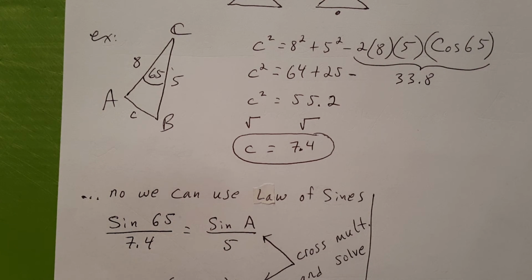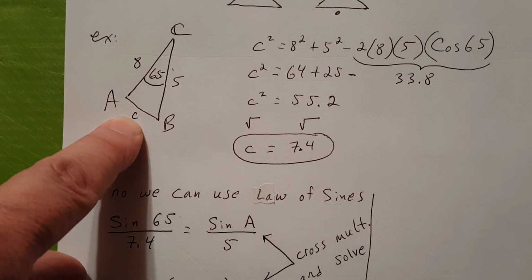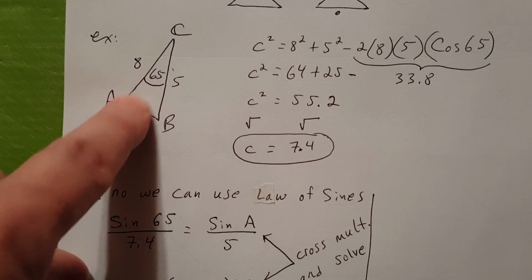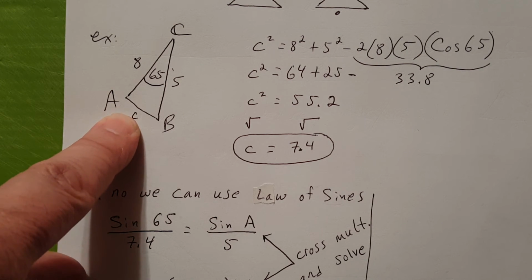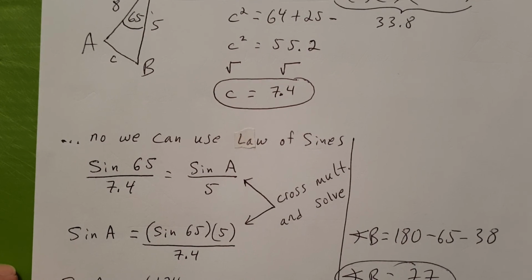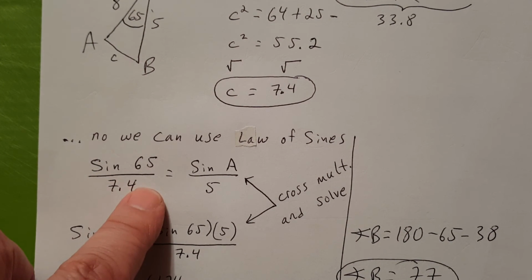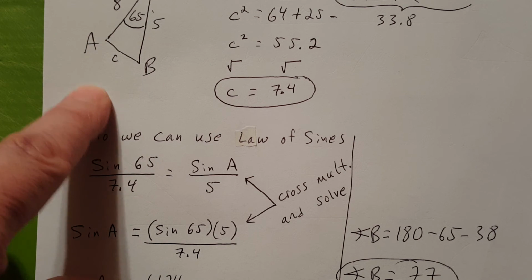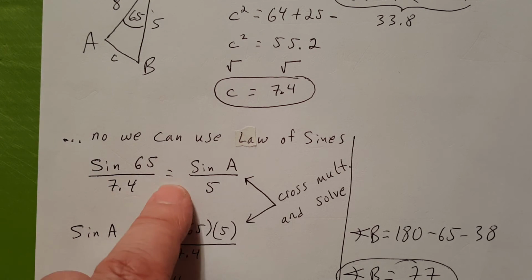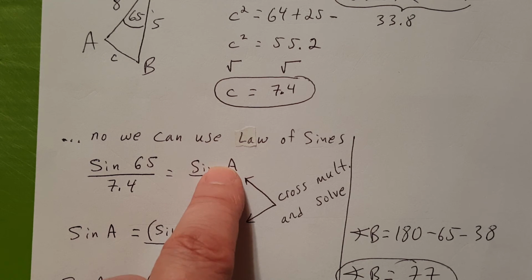Because now that we know what C is, we have an angle and opposite side. So I'm going to use sine because it's way easier to solve. Notice I start with sine 65 over 7.4, sine of this over this, equals sine of A over 5.